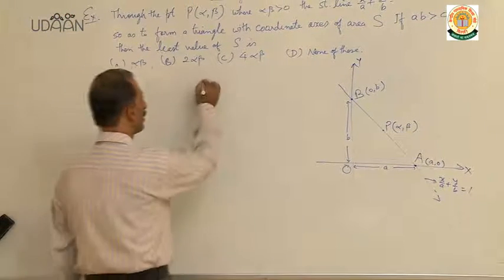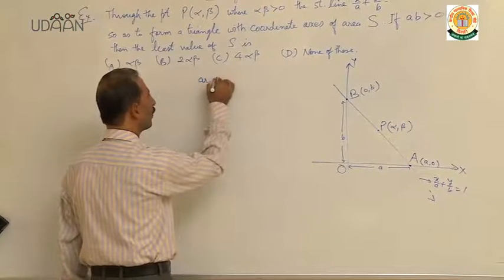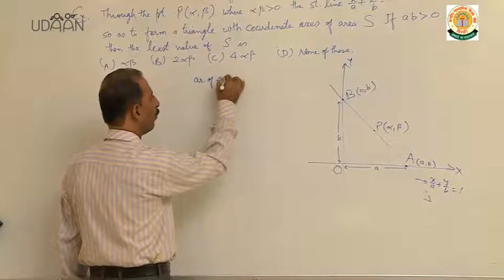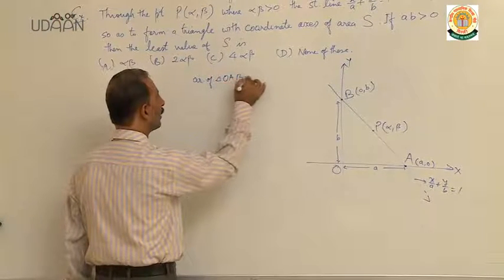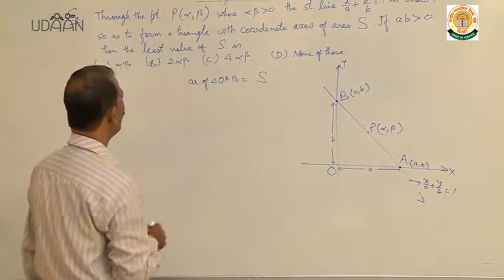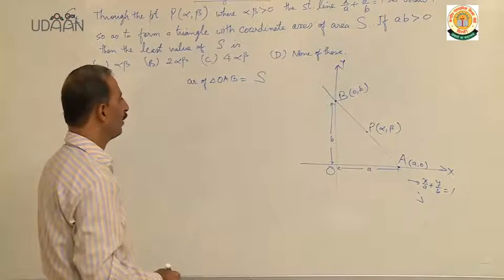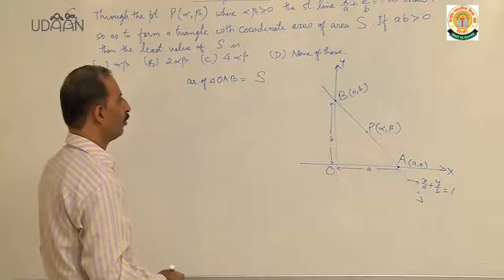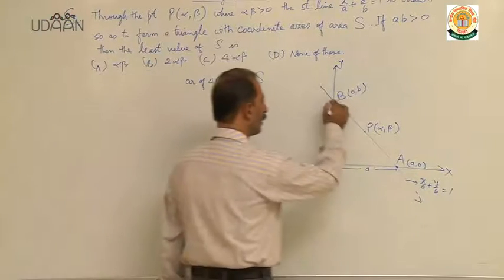Its area is capital S. Now we have to find the minimum value of S. You know the equation of this line.